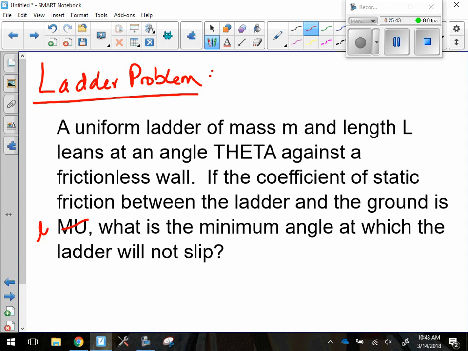So of course we're going to rewrite that as mu and rewrite that as theta. Correct.